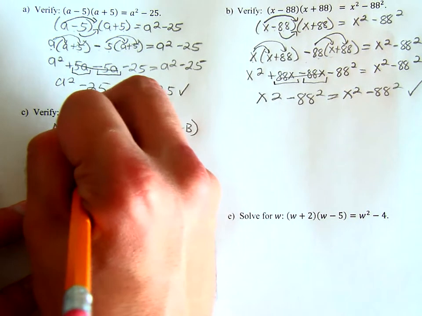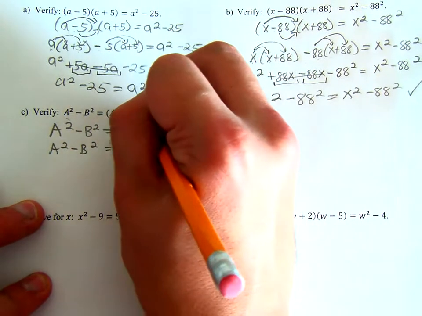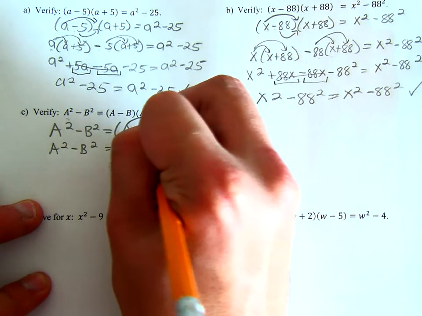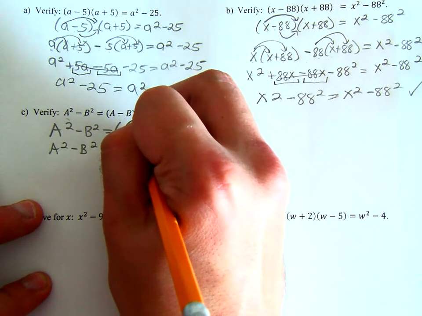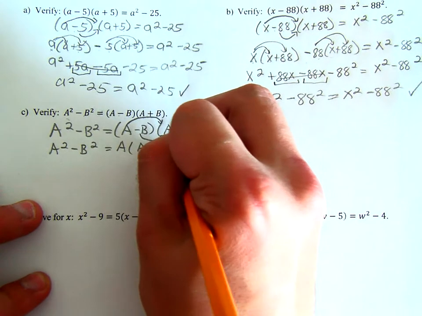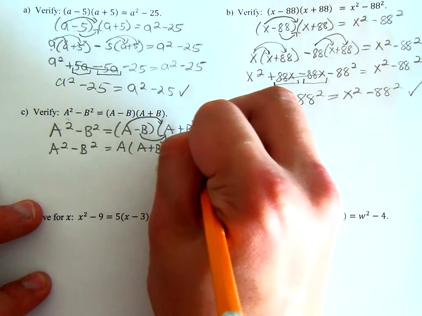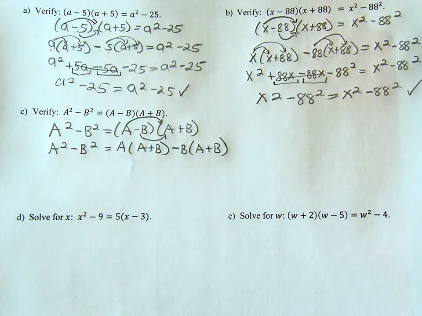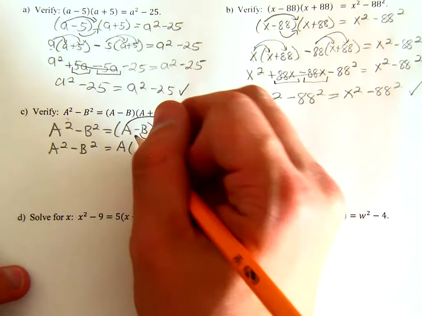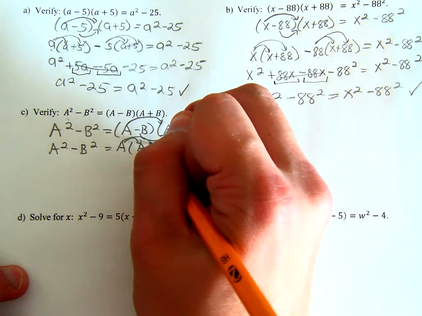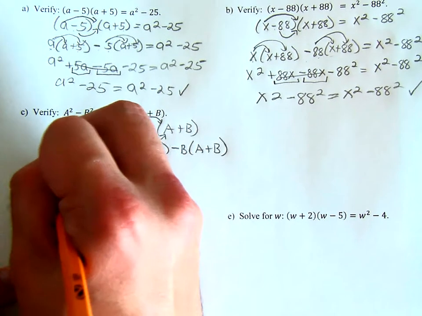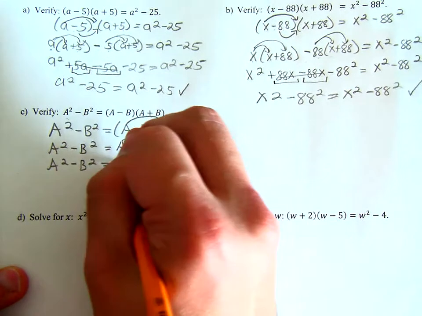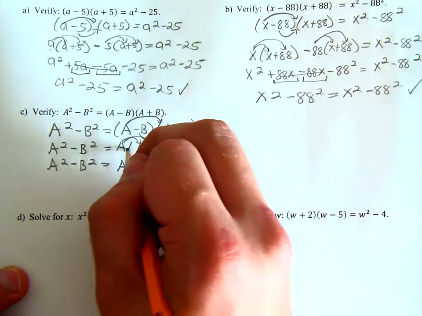So we have A squared minus B squared is equal to, we're going to distribute the A to both of those terms. So we'll have A times A plus B. And then we're going to distribute this negative B to each one of those terms. So we're going to have negative B times A plus B. So we're going to have A squared minus B squared is equal to A times A is just A squared.